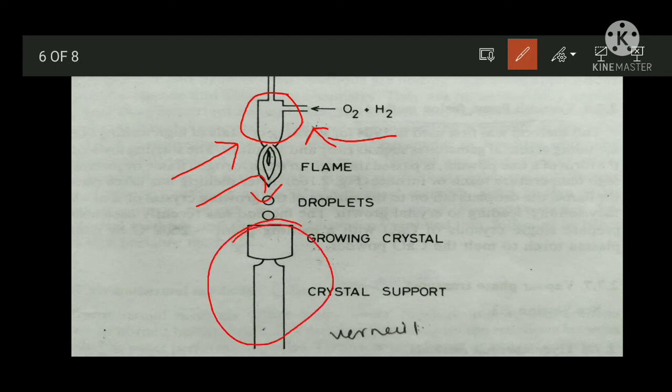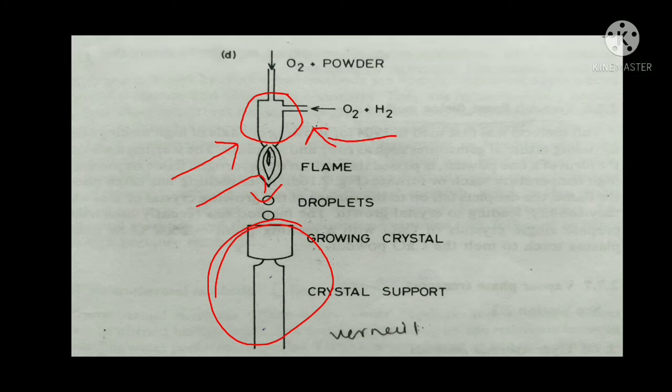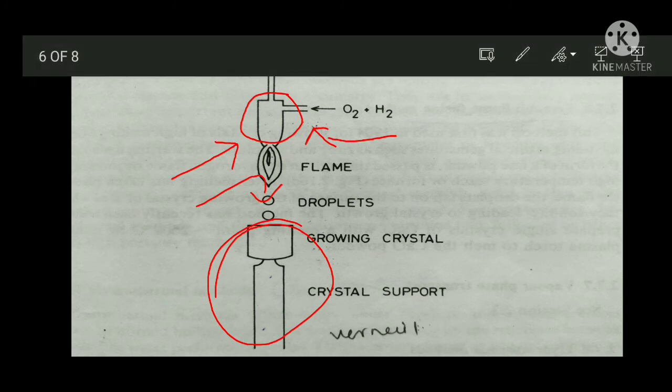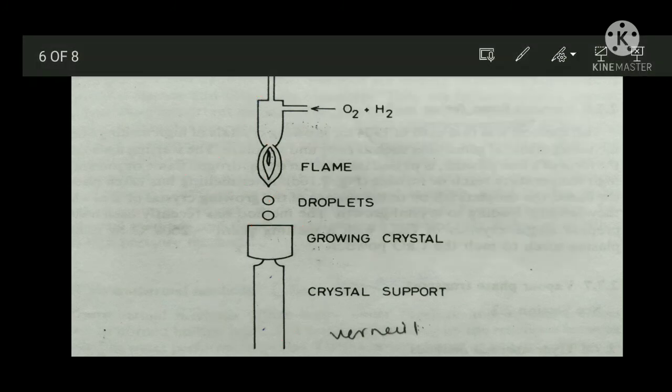This is the growing crystal surface on which it falls. As the temperature of these drops reduces, they start to form crystals. So this is the general principle or procedure of growing crystals from the flame fusion method.